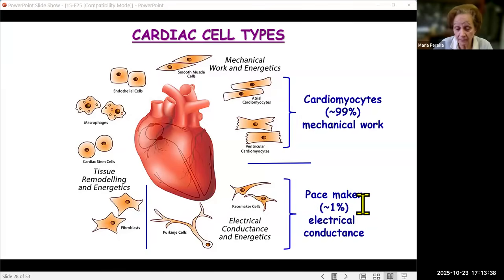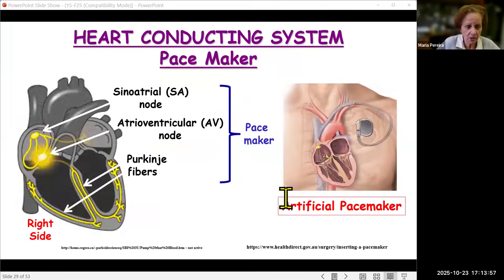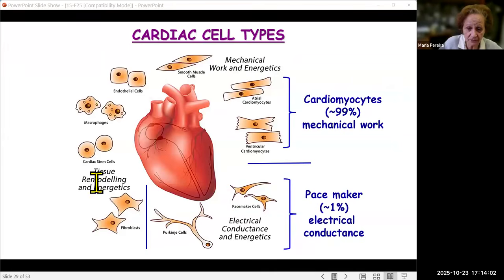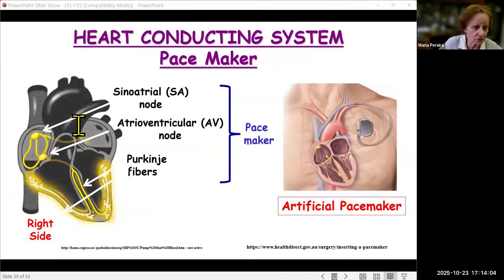Many times, when the pacemaker is not working properly, patients use an electrical pacemaker that has a battery and that substitutes for these endogenous pacemakers.